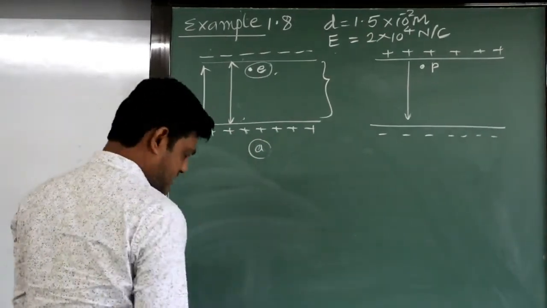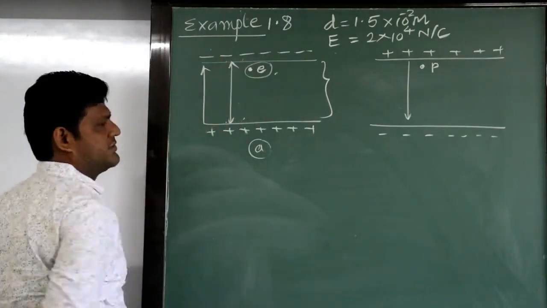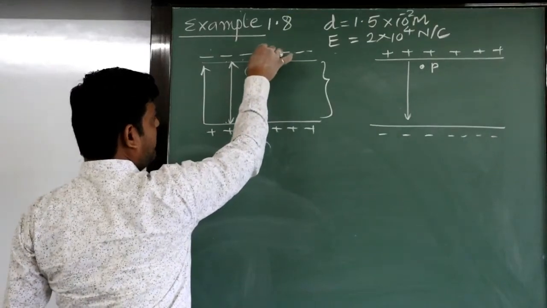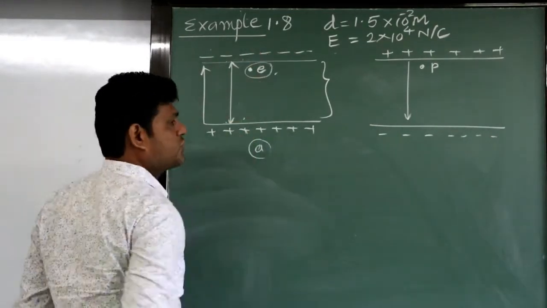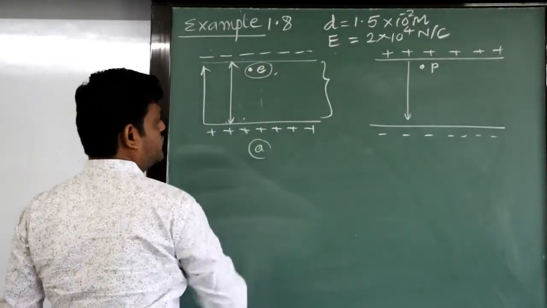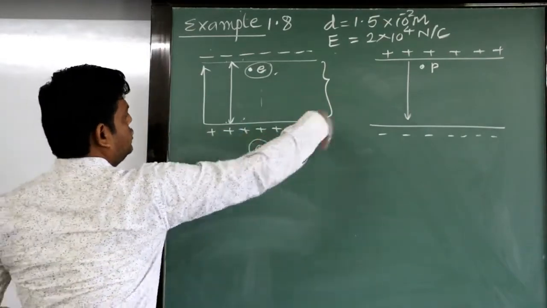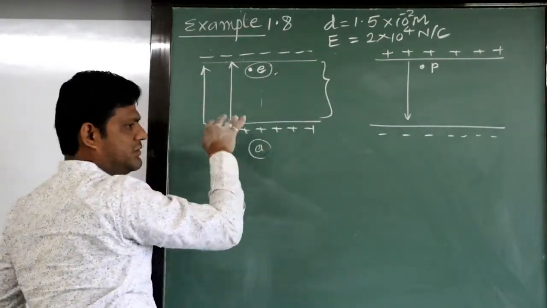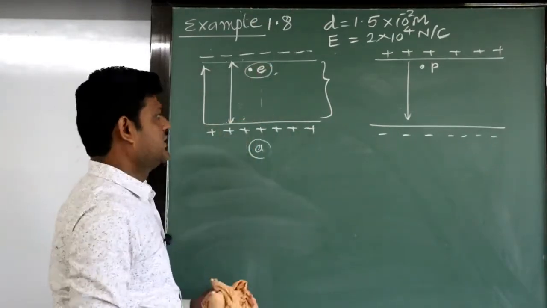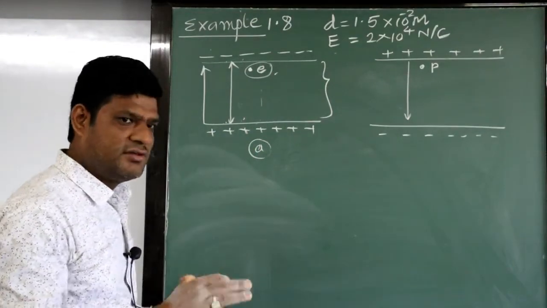Time of electron means the time required to cover this 1.5 distance. Electron having negative charge will be repelled by the negative plate and it will move towards the positive plate, means it will accelerate towards this positive plate. So what is the time? We can consider this situation as the case of free fall. Electron is falling towards the positive plate in the absence of gravitational field.